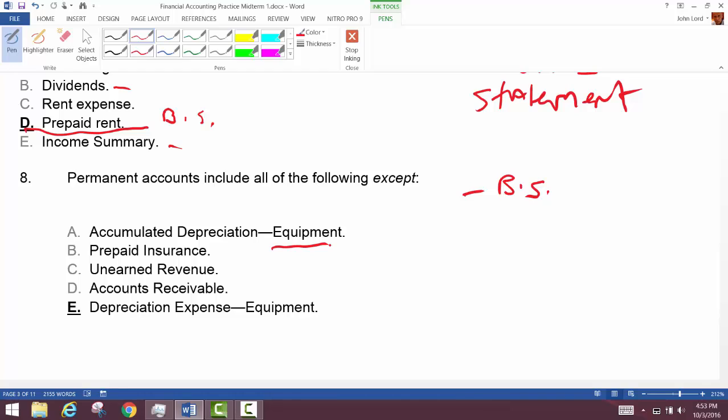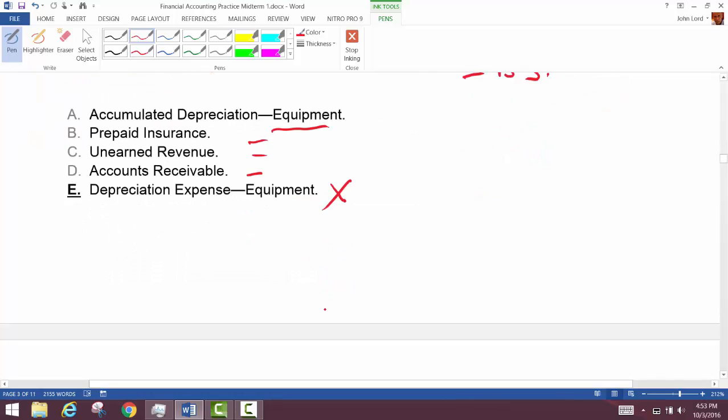Prepaid insurance is going to be on the balance sheet. Unearned revenue is a liability, right? On the balance sheet. Accounts receivable is on the balance sheet. Depreciation expense, we close that, right? That's why we close that one to retained earnings and not the accumulated depreciation. Okay. Okay, good.